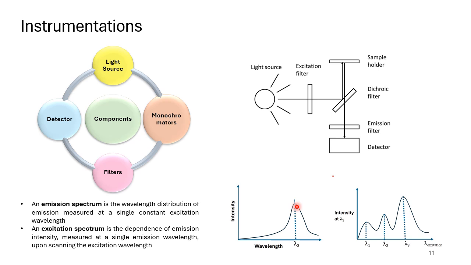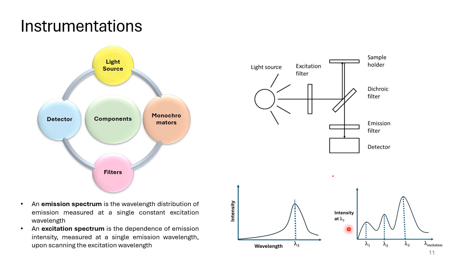Now if we want to see how this intensity changes when we change the excitation wavelength, in the next step we monitor the intensity at lambda 3 and change the excitation wavelength. Previously we plotted the emission spectra, where we excited the molecule using a fixed wavelength of excitation light.